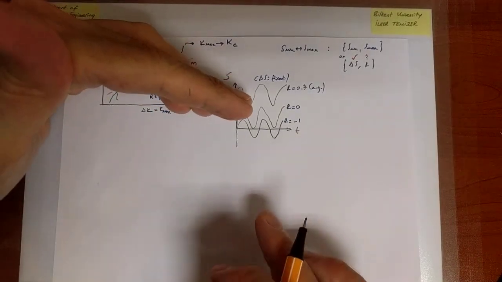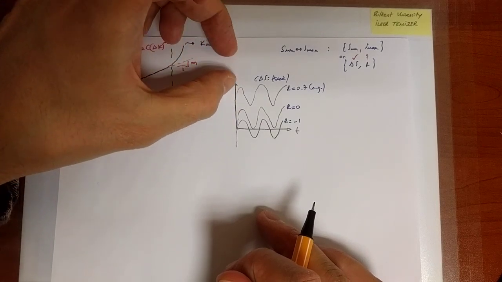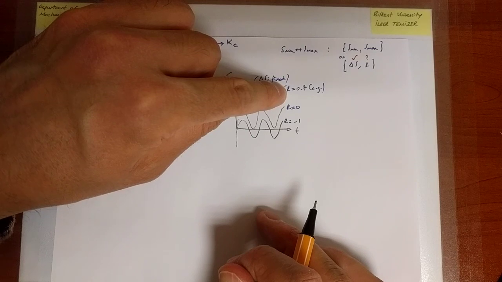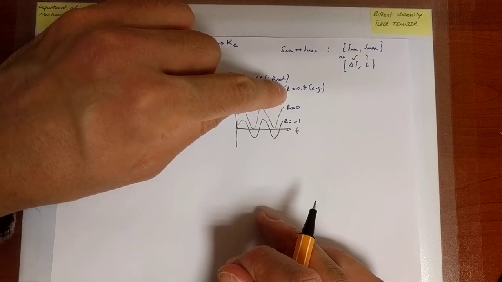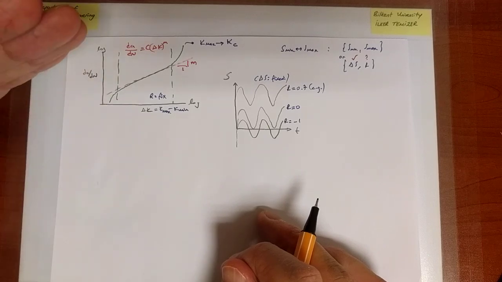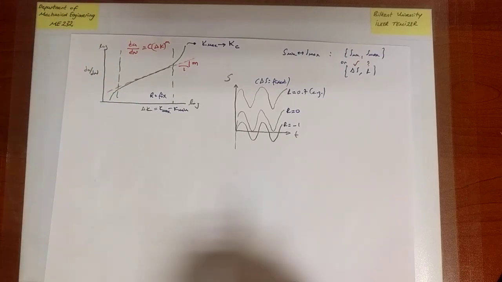Okay. Now, as it keeps increasing, however, notice that the largest value it could possibly be is 1. Okay. So the largest value of R is 1 because it's the ratio of S min to S max.